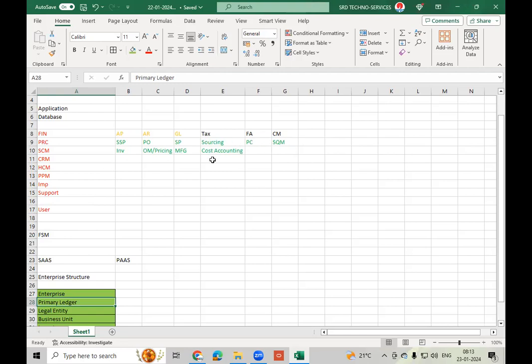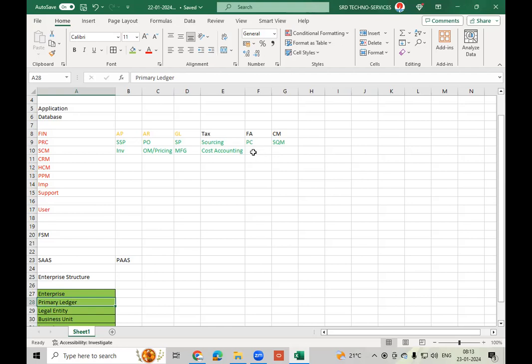All of those are subledger modules. Many subledger modules are there, right? But sometimes it may not maintain accounting entries in all the subledger modules.